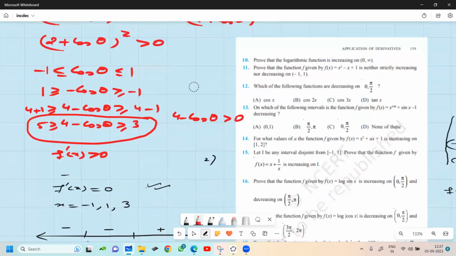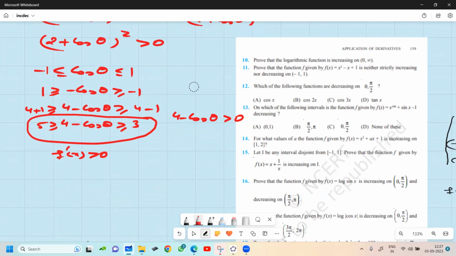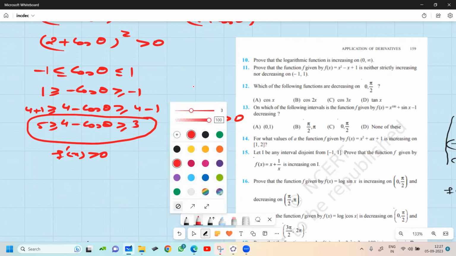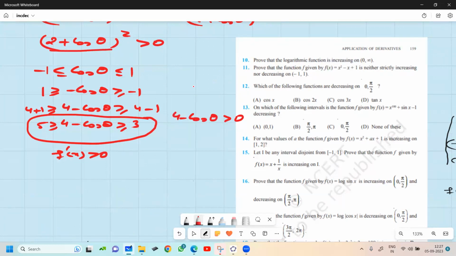Right, now we are saying the function is increasing when the derivative sign is positive. So, we have checked that (2 plus cos theta) whole square is positive. Then 4 minus cos theta lies between 3 and 5, so this is also positive. So, f dash x is positive when cos theta is positive. That is the third factor over there.